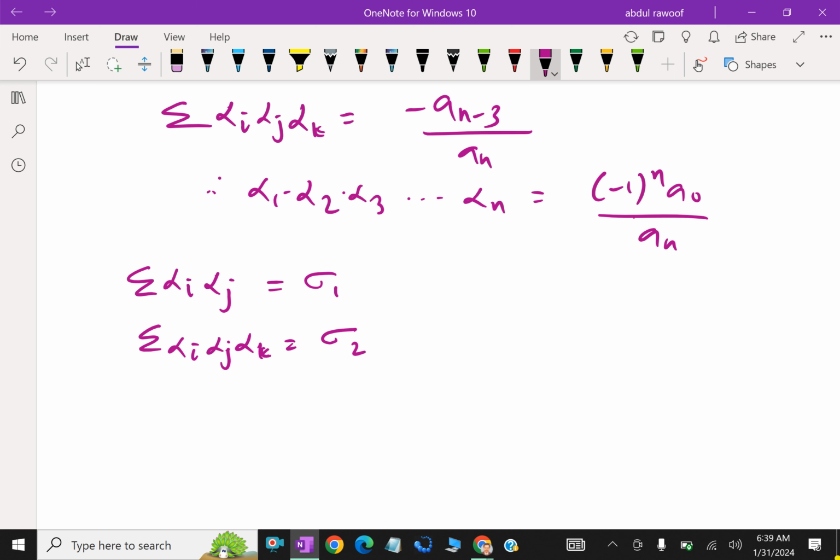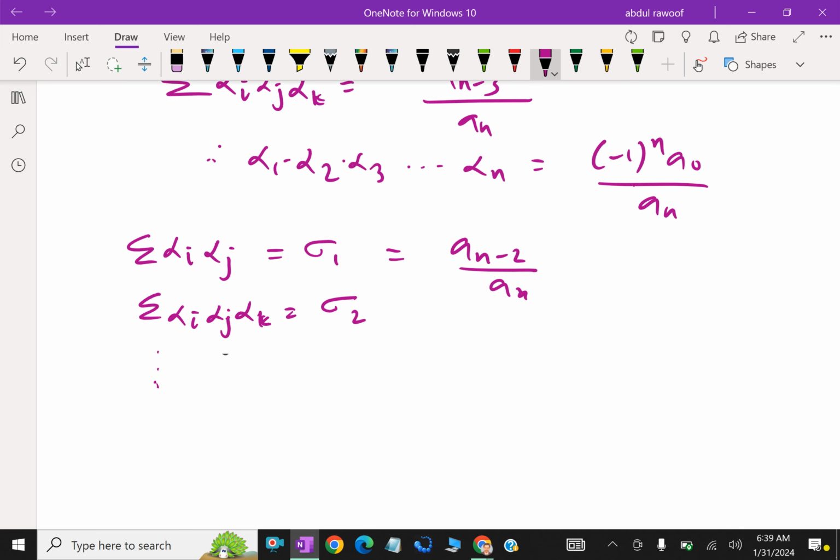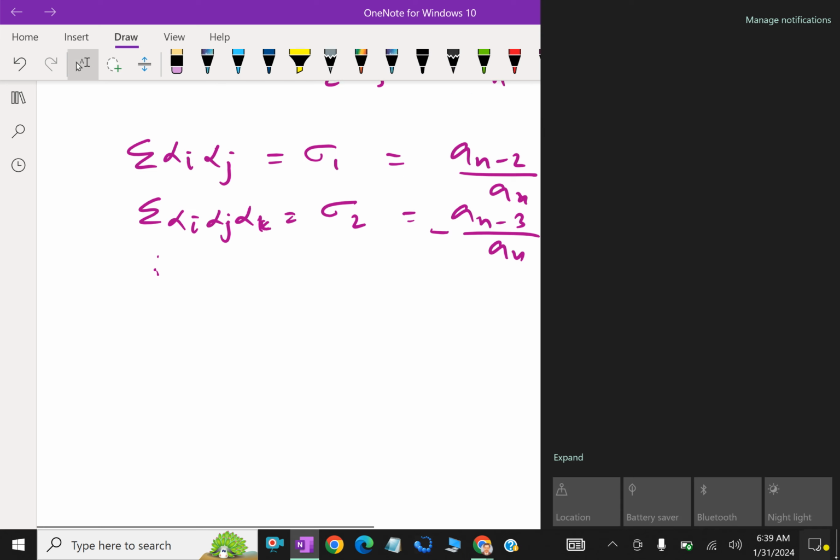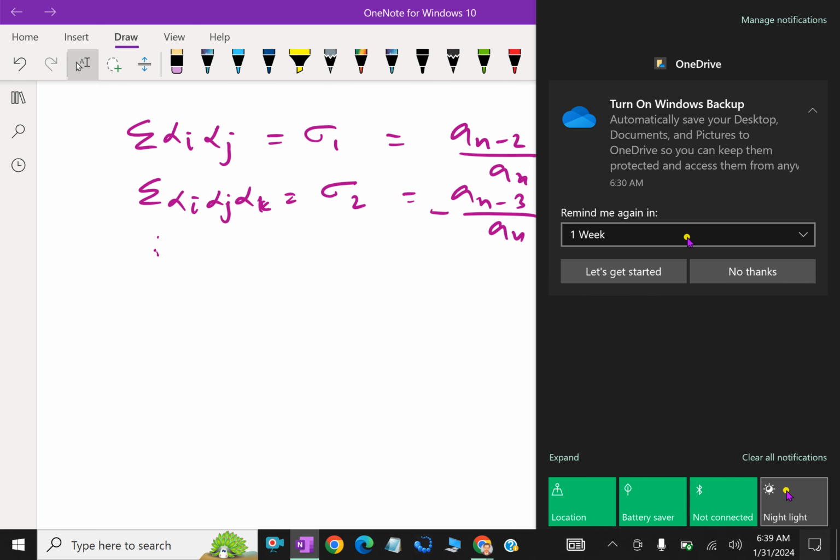Then for the first one, this is a_(n-2) over a_n. Then this is a_(n-3) over a_n, but here minus. Like it continues.